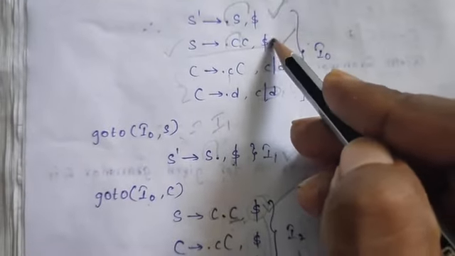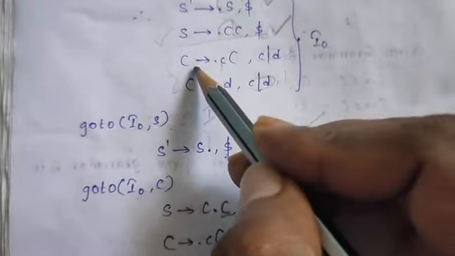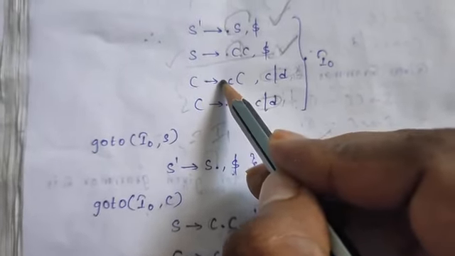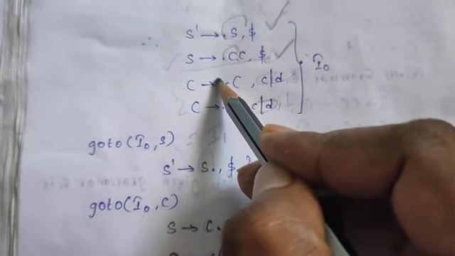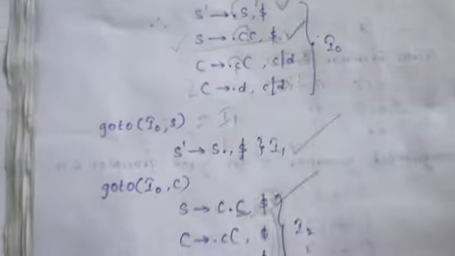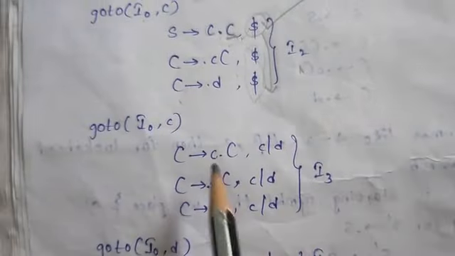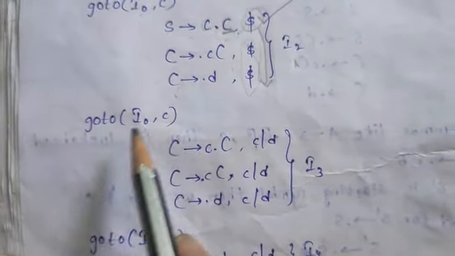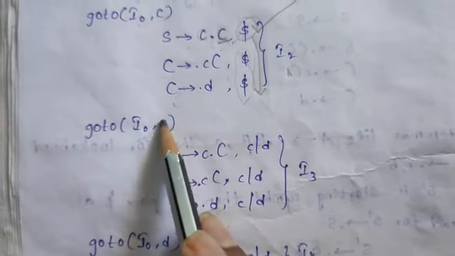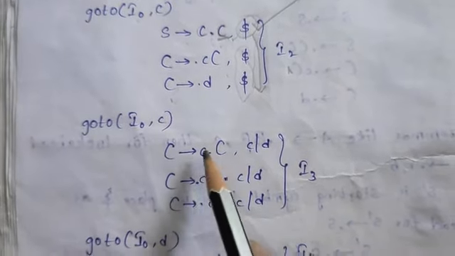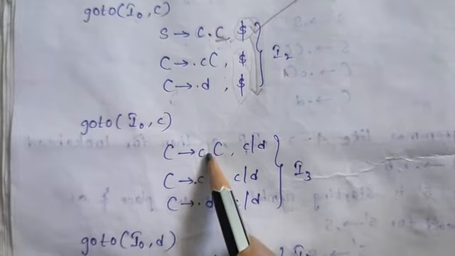Again this production will be completed. Then we go for the next production. Here the dot shall be moving by small c. So consider it as one more production. Here in I0 the dot is moving by small c. So by dot moving by small c, it will replace from here to here.